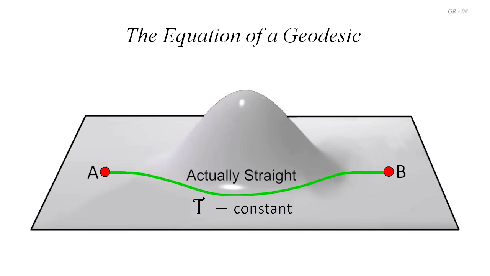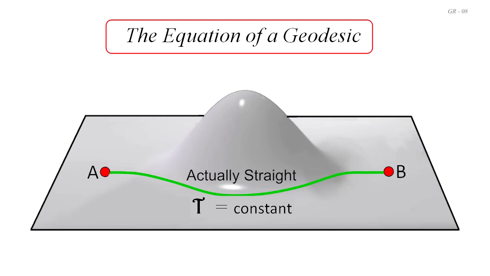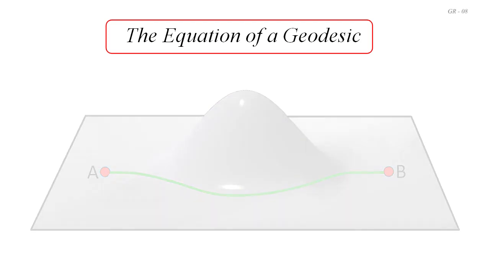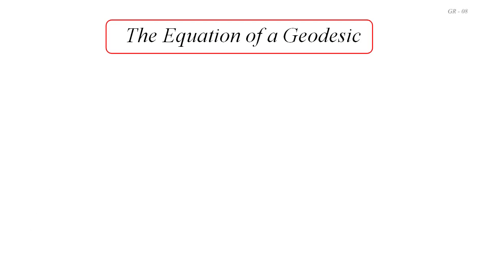Now, this short section on the equation of a geodesic may well seem quite heavy going mathematically, but try to stick with it. Try to get a feeling for the results and try to hold on to it. The general idea from it will be important in the foundation of Einstein's field equations later.